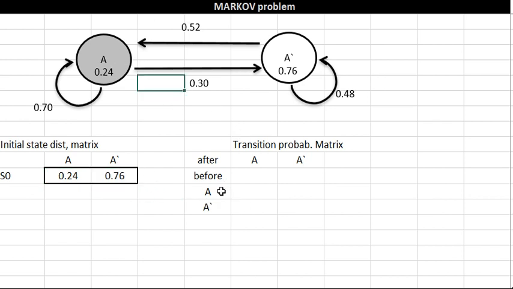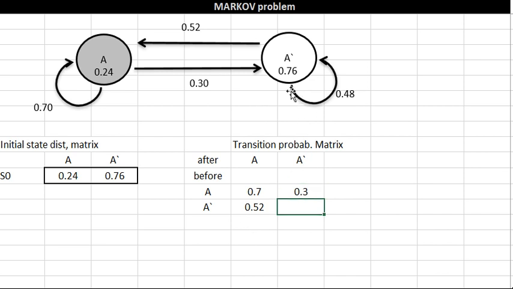As you can see, yung dati daw A before, A pa din daw siya after, siya ay 70%. Yung dating A, naging A pa din, siya ay 0.7. Yung dating hindi A, naging A, siya equivalent sa 0.52. Yung dating A, naging hindi A, siya ay 0.30.